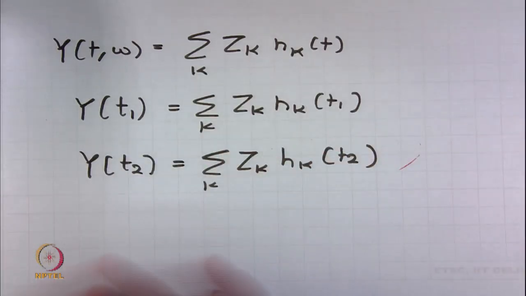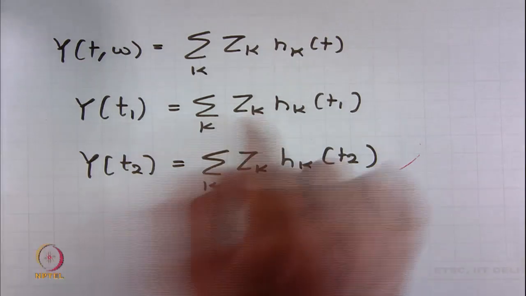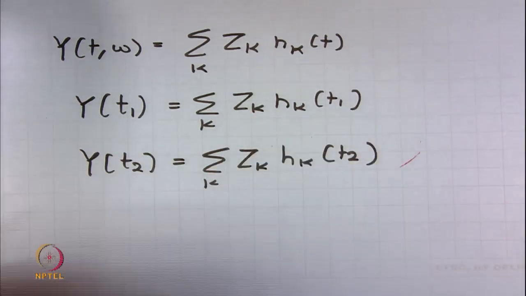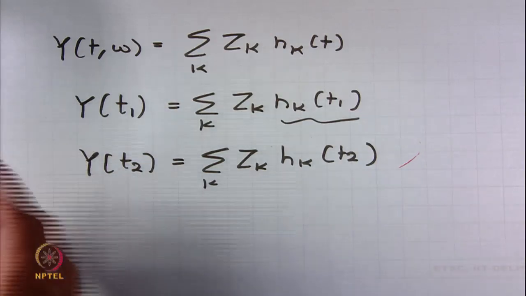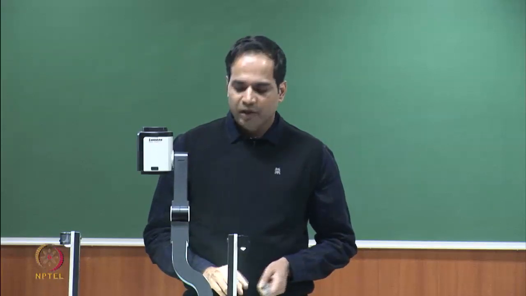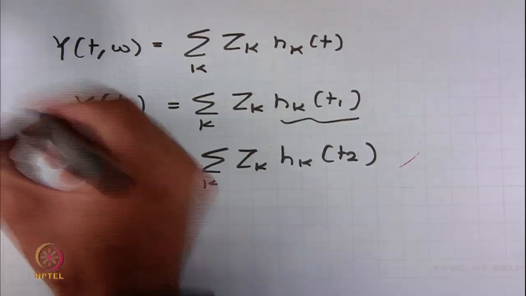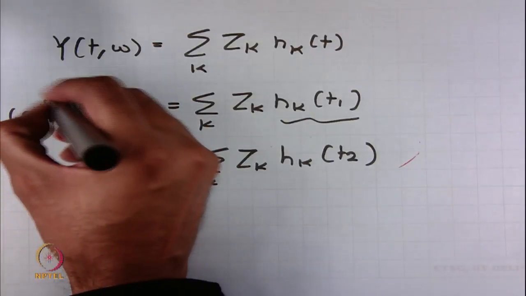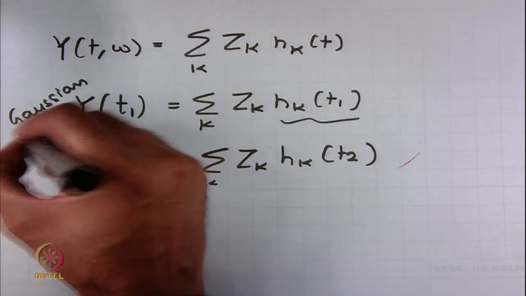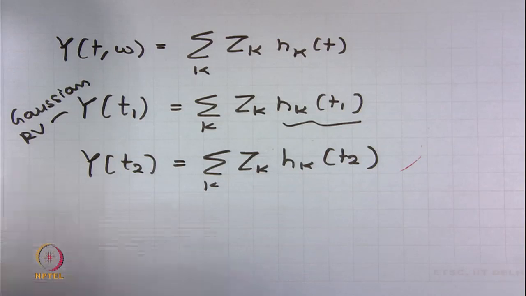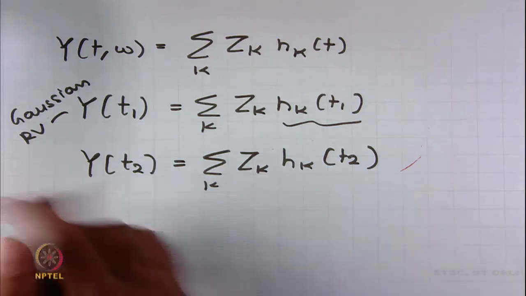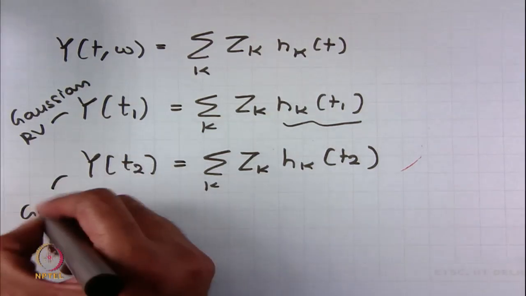What is this again? These are just numbers, some coefficients. So, y of t1 is a linear combination of independent Gaussian random variables, so y of t1 is a Gaussian random variable, and y of t2 is again a linear combination of independent Gaussian random variables, so y of t2 is also a Gaussian random variable.